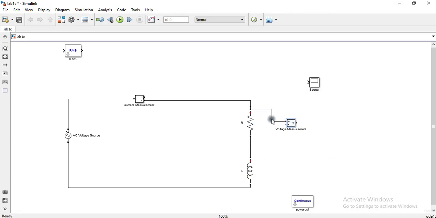This will give me VR1 or VR, and I'm just copying it. This will give me voltage across the inductor, VL.